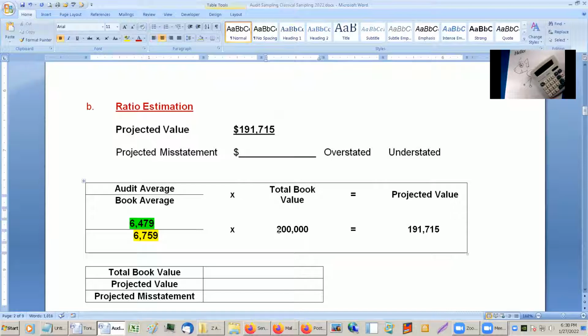Big things have big errors, small things have small errors. Corrected misstatement would be 8285.